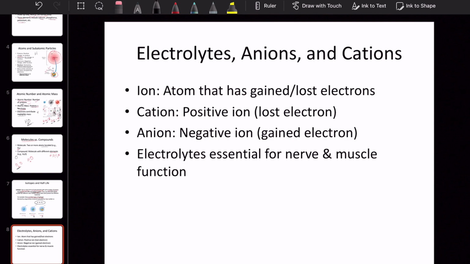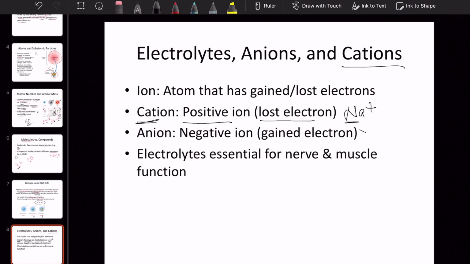So what are electrolytes, anions and cations? I'm going to start with the cations. They are positive ions. How do they get a positive charge? Because they lost electrons. You've seen Na plus. Na plus is sodium that lost 1 electron, so you get that positive charge.